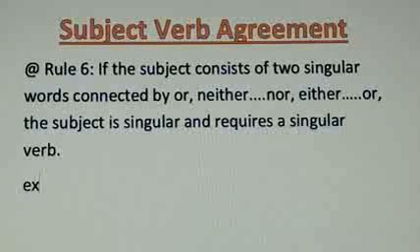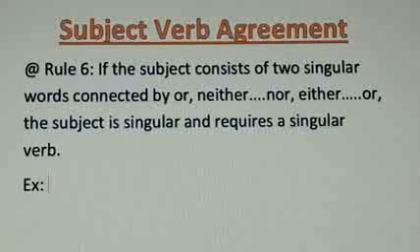Let's see the example. But before writing an example, let's see the definition, my dear students, of rule 6. If the subject consists of two singular words, it means there are no plural words applied, like either or, neither nor, then the subject is singular and that requires a singular verb.